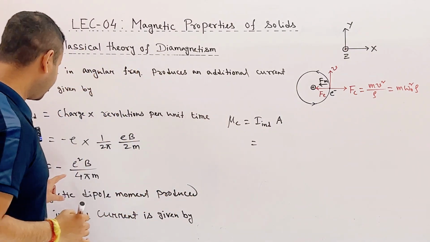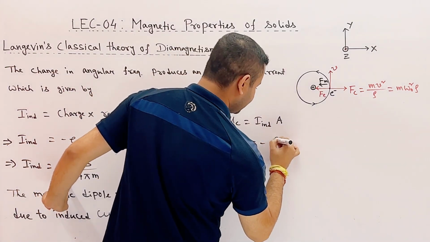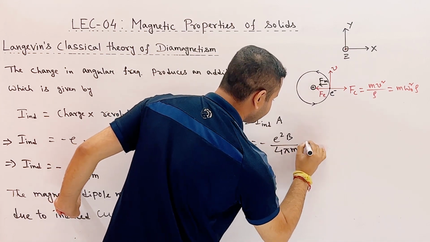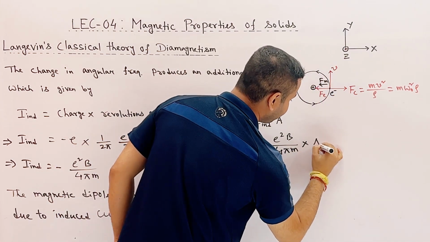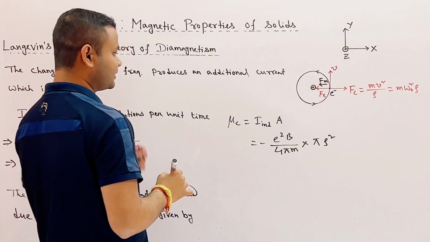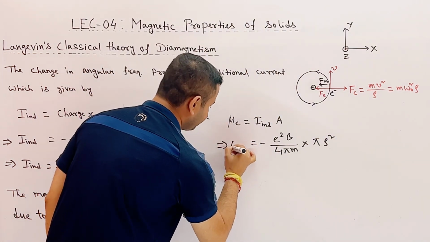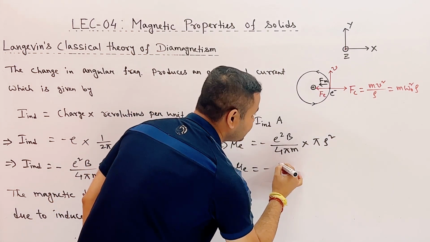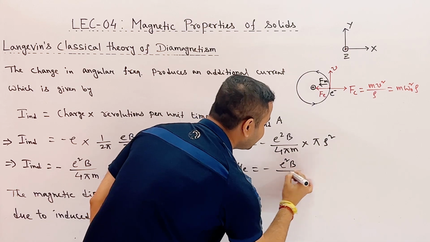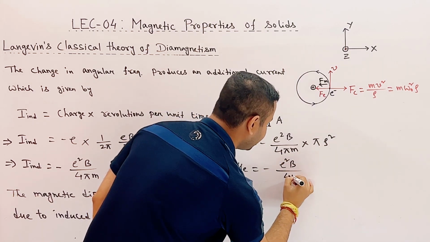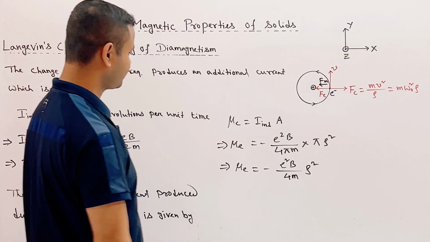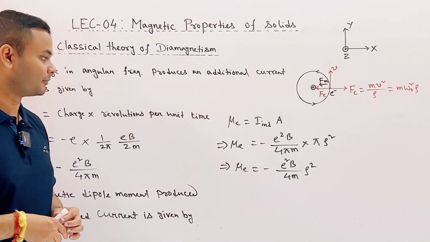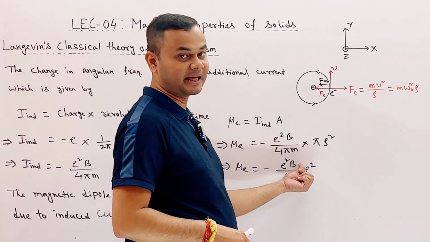The value of induced current is minus E square B divided by 4 pi m, and area of this loop is pi rho square. So after simplifying, we will get mu E as minus E square B divided by 4m into rho square. Here negative sign indicates that the direction of magnetic dipole moment is opposite to the direction of applied field. ठीक है?